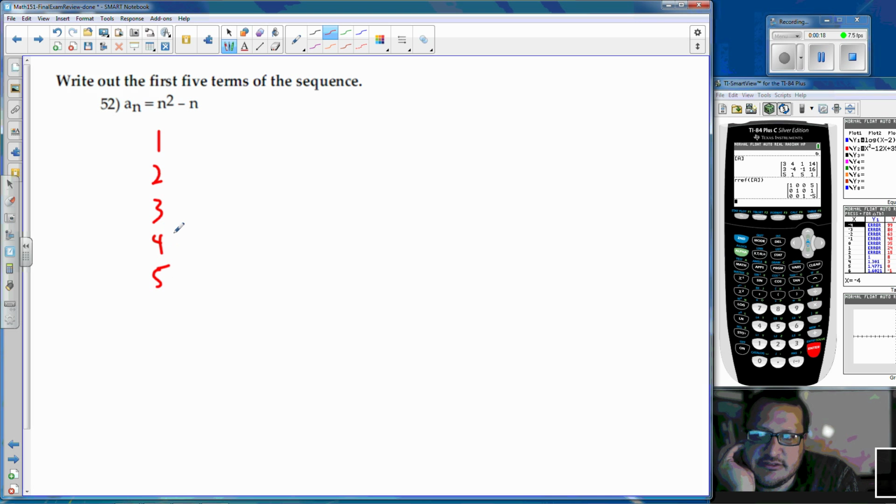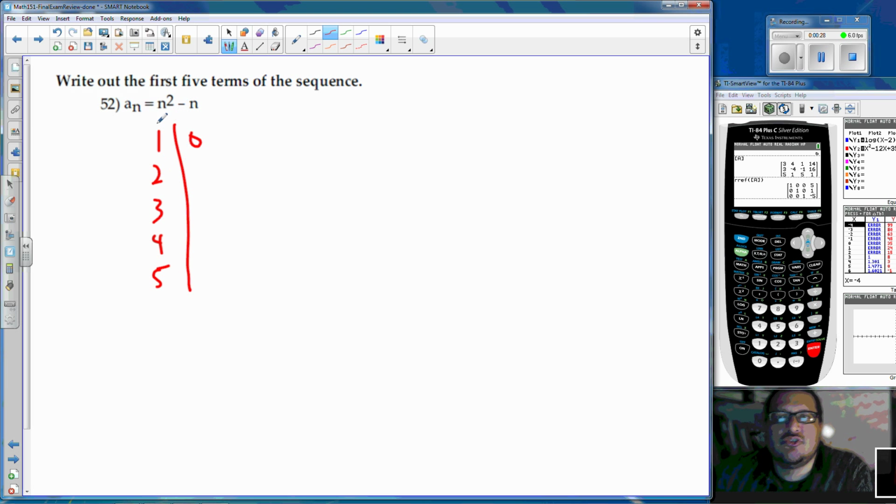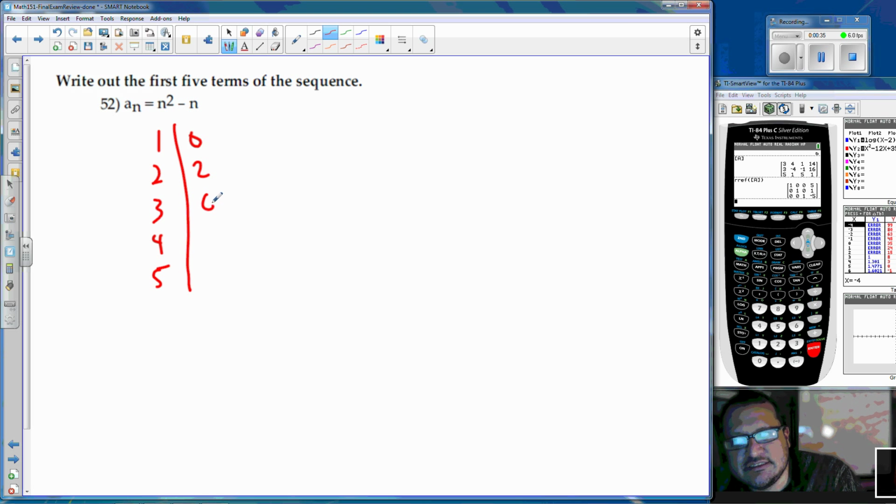You don't have to do it this way, but when I plug in 1, I get 1 squared minus 1 is 0. 2 squared is 4, minus 2 is 2. 3 squared is 9, minus 3 is 6. 4 squared is 16, minus 4 is 12, and 5 squared is 25, minus 5 is 20. So these would be the first 5 terms.